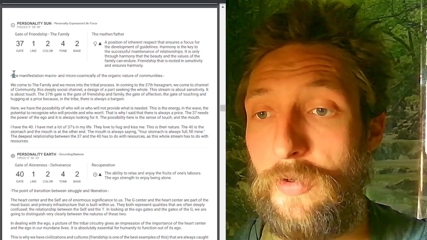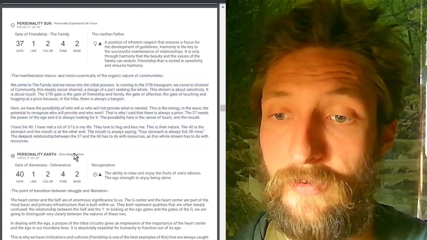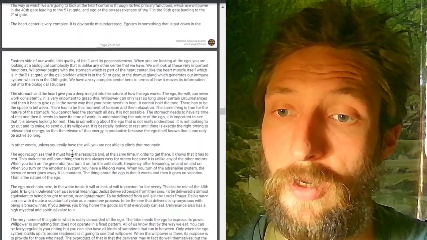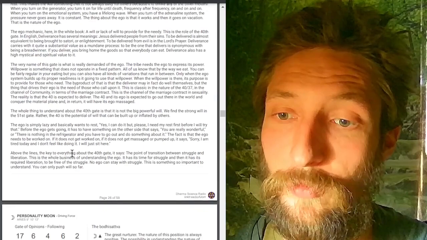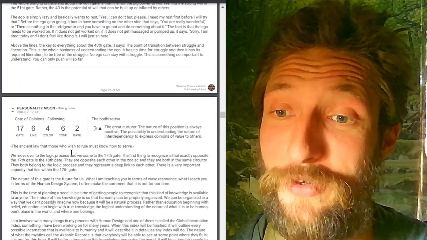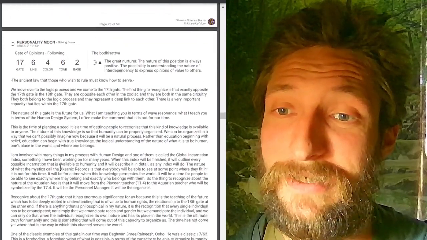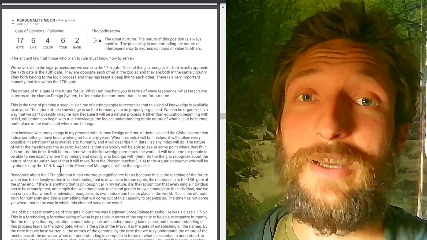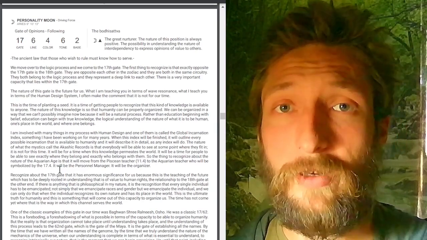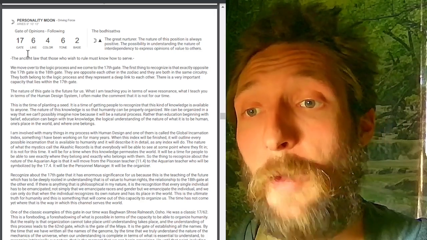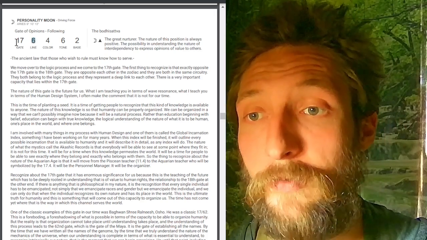And below you'll see there's some paragraphs, and sometimes they're longer than others. Sometimes Ra had a lot to say, and other times he had a bit less. Basically, this is looking at the line companion, which is some commentary from Ra Uru Hu, about the line of a gate.